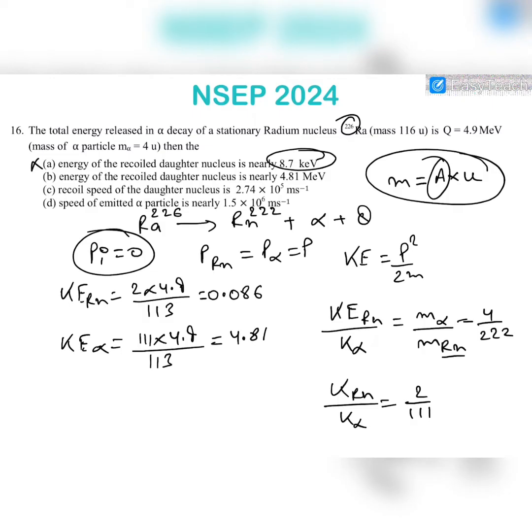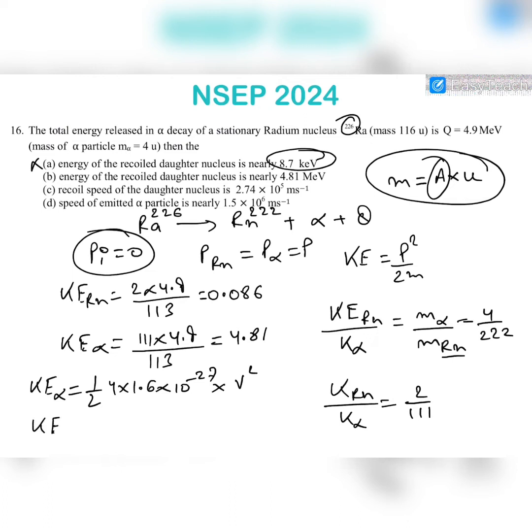The recoil speed of daughter nucleus is this, and the speed of alpha particle is this approximately. So if we find out the value of speed of alpha particle, kinetic energy of alpha particle is equal to half mass of alpha, which is 4 into 1.6 into 10 raised to power minus 27 into v square.